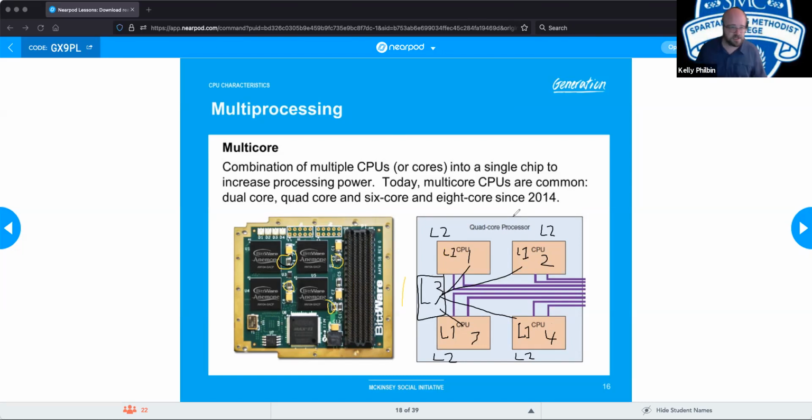So quick refresh. Level 1, most expensive, fastest, and built on top of each one of these CPUs. So in this quad core processor, you would have 4 level 1s built onto each of those CPUs, fastest, most expensive, but the least amount of storage.